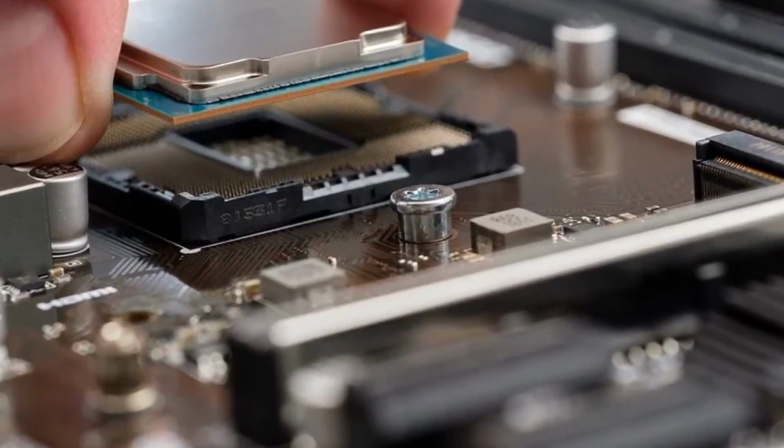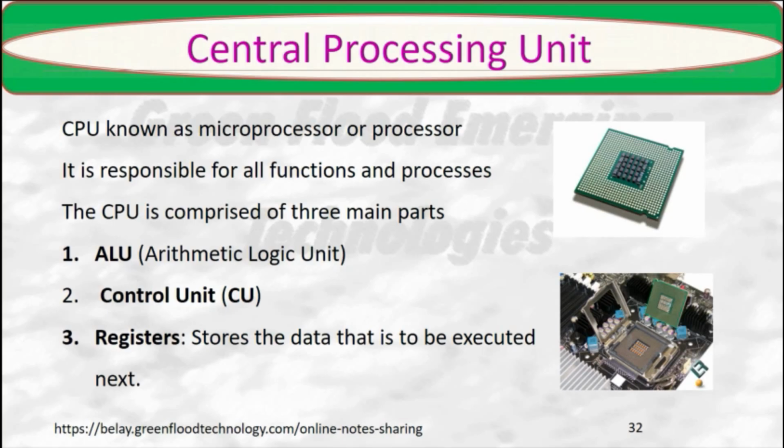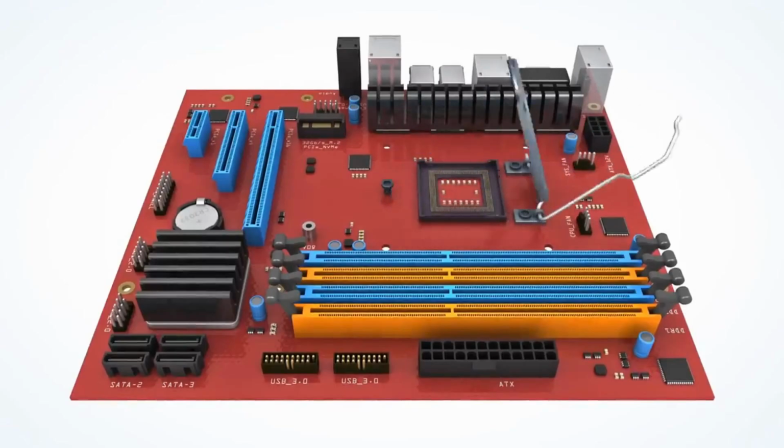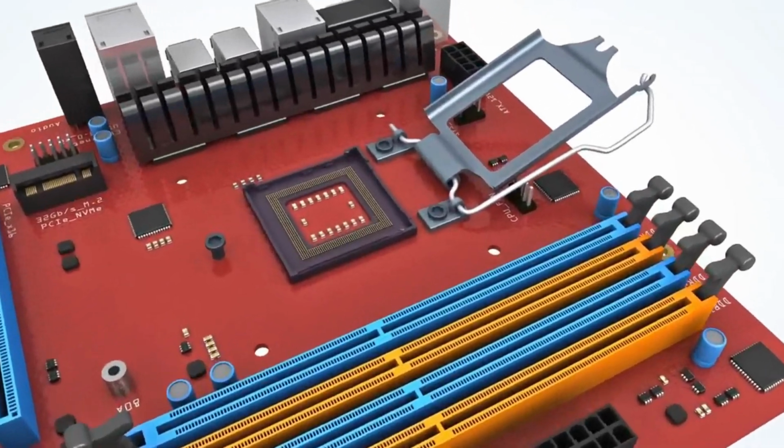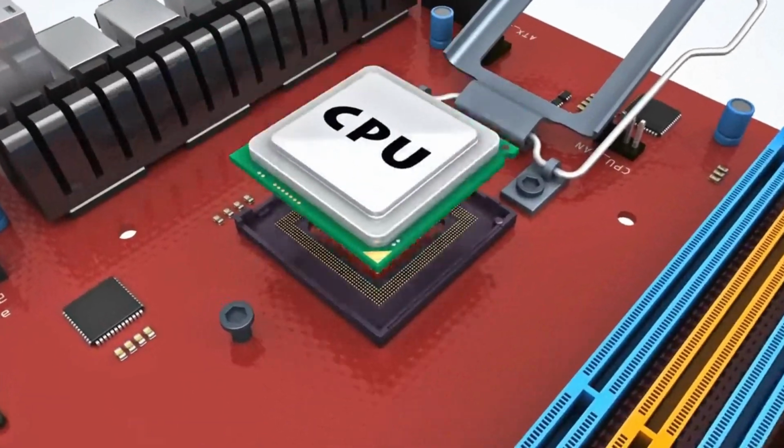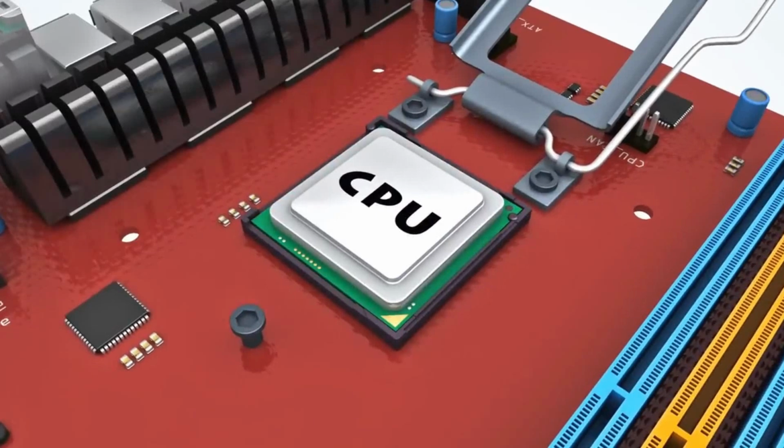Nothing is done inside the computer without the processor. The processor has three stages: fetching, decoding, and executing. This whole thing is done using three parts: arithmetic logic unit, control unit, and register.